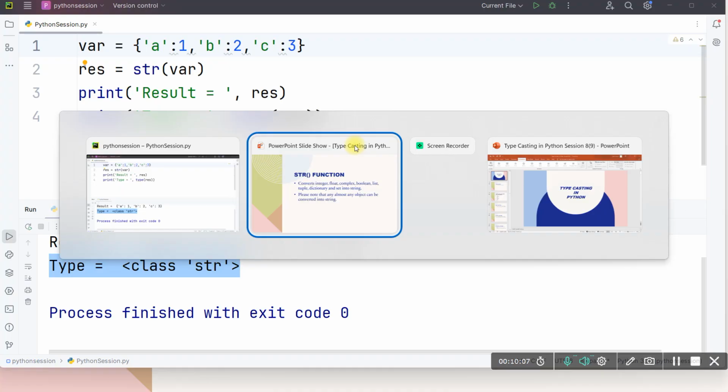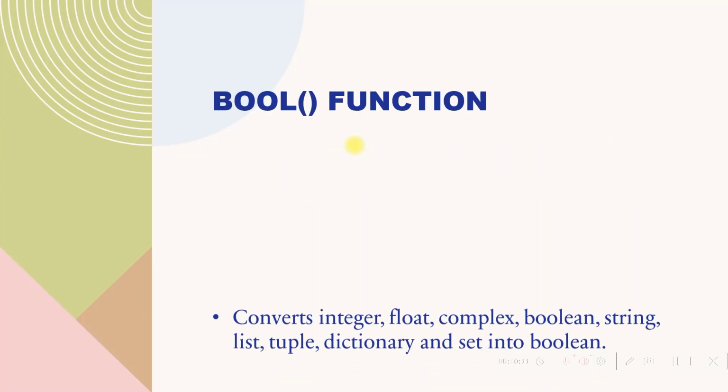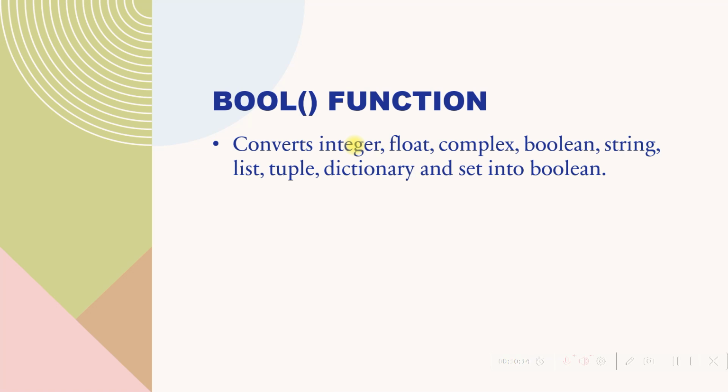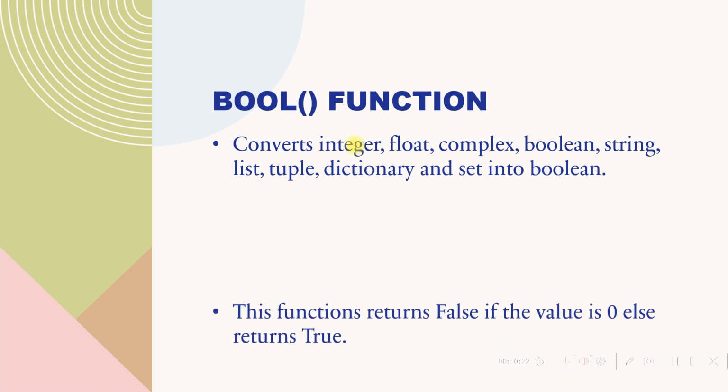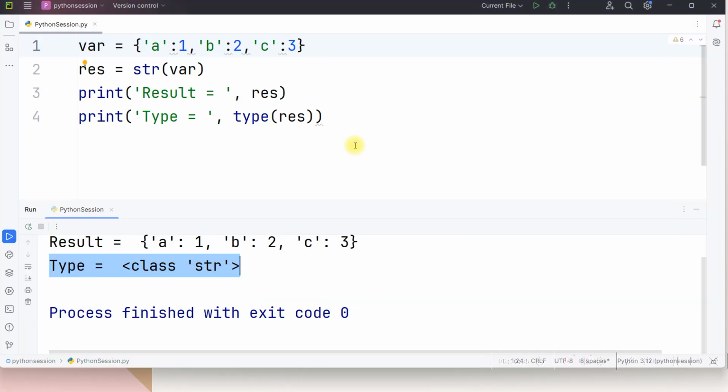Now let's see the next function, which is the bool function. It converts integer, float, complex, boolean, string, list, tuple, dictionary and set into boolean. This function returns false if the value is 0, otherwise it returns true. It will always return true if your value is other than 0. Let's see an example.